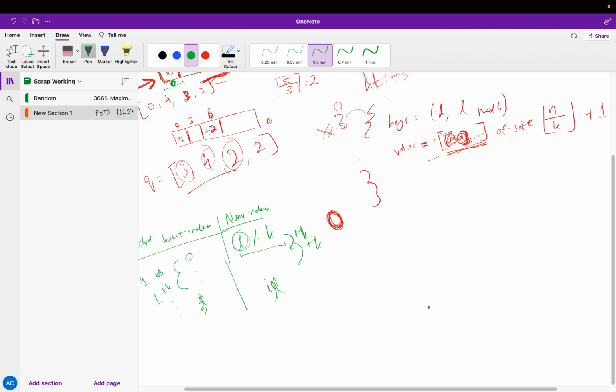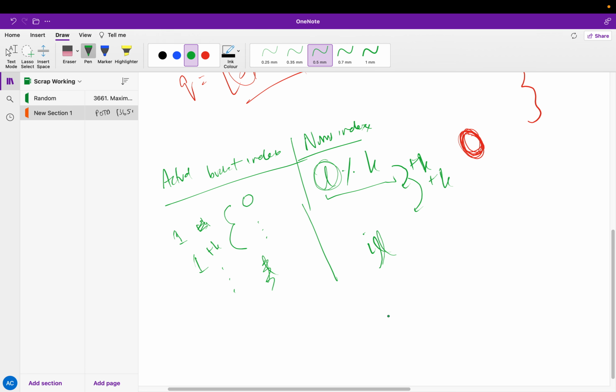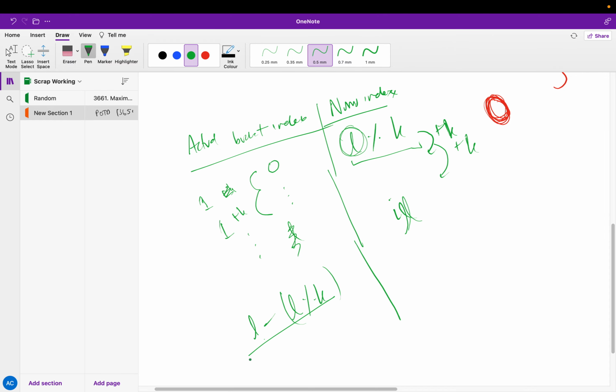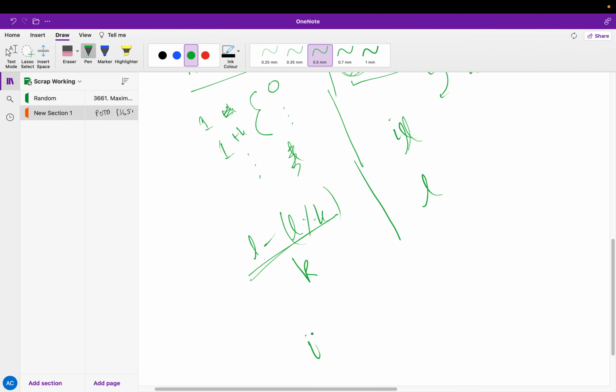So what am I trying to say? The relationship between the actual bucket index and the num index will be L minus L mod K, as its own little thing, whole thing divided by K will tell me the L value. And so in general, I minus I mod K divided by K should give me the I value.